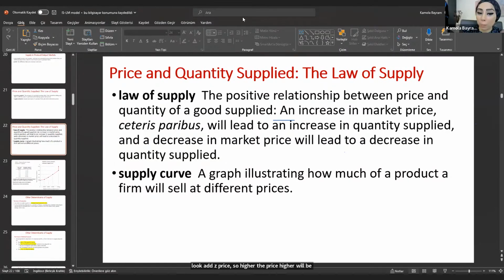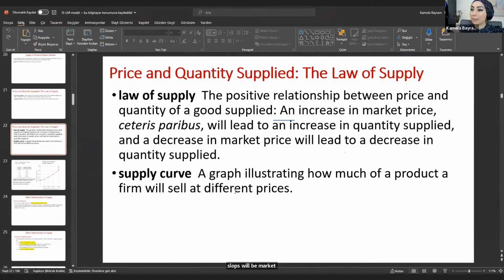Now, the supply curve is a graph illustrating how much of a product a firm will sell at different prices. So it is the same as the demand curve. However, now we have not a negative slope, we have a positive slope. And the intersection of these two curves will be the market equilibrium, right?